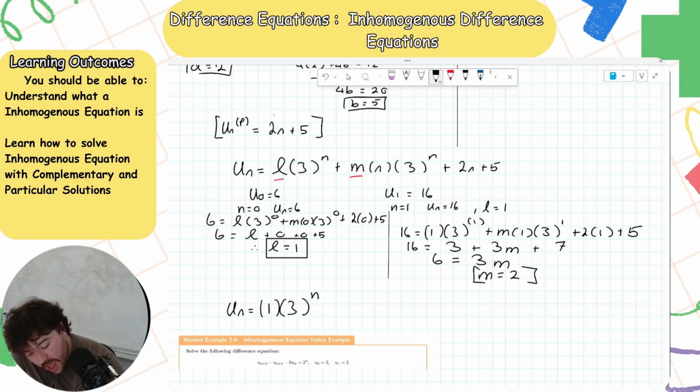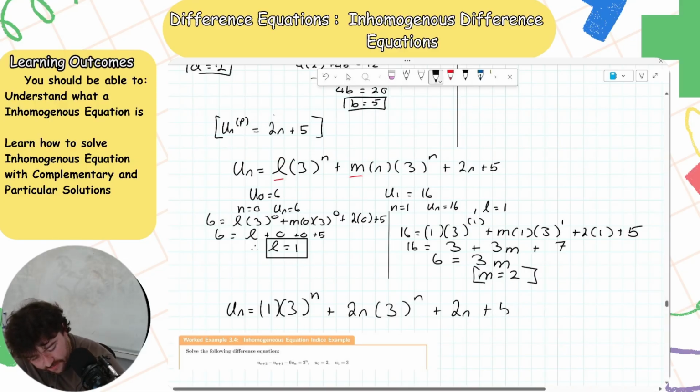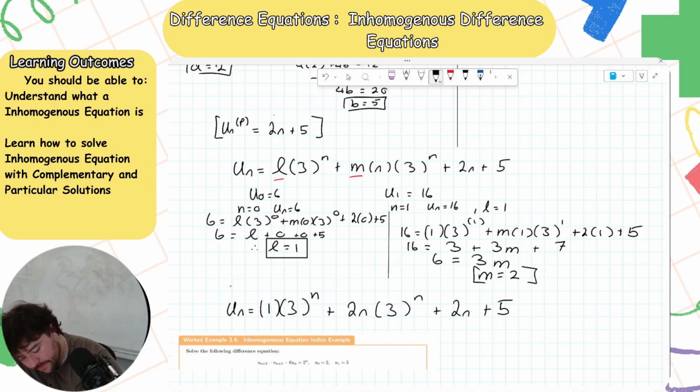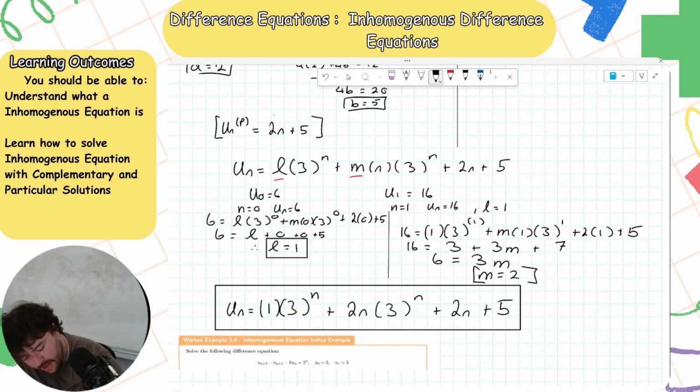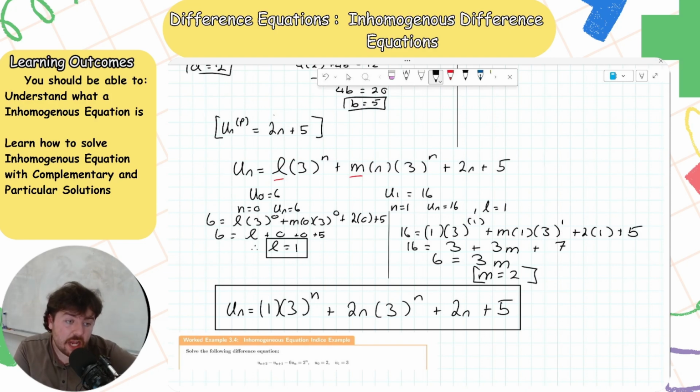Plus m, and m is 2, so it'll be 2n times 3 to the n plus 2n plus 5. Why do I keep saying 15? It's 5. My handwriting is terrible. Fine. There we go. And that is my general solution to an inhomogeneous difference equation.